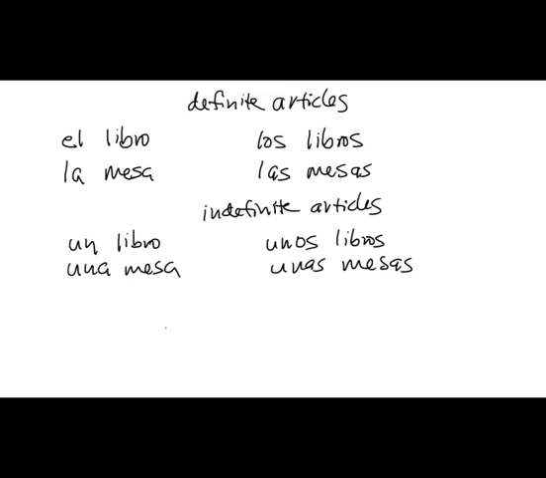Okay, I did mention a slight irregularity with some of the plural forms in the earlier video, and the irregularities are these. If you have a noun that ends in an S, for example, la crisis, meaning the crisis, the plural of a noun ending in S does not change. So in other words, the crises, more than one crisis, would be las crisis.